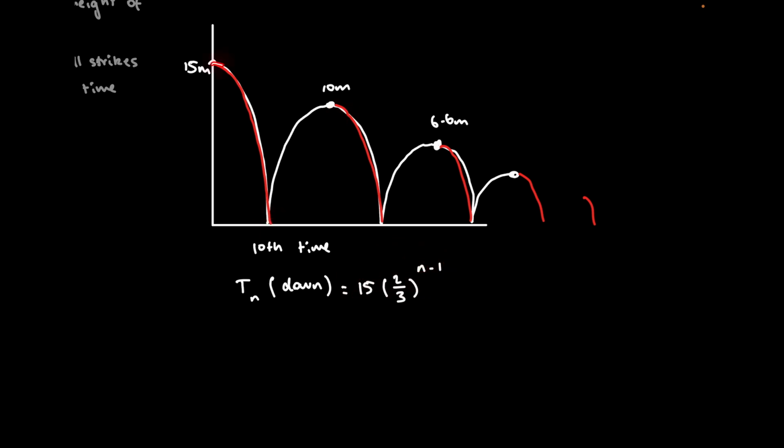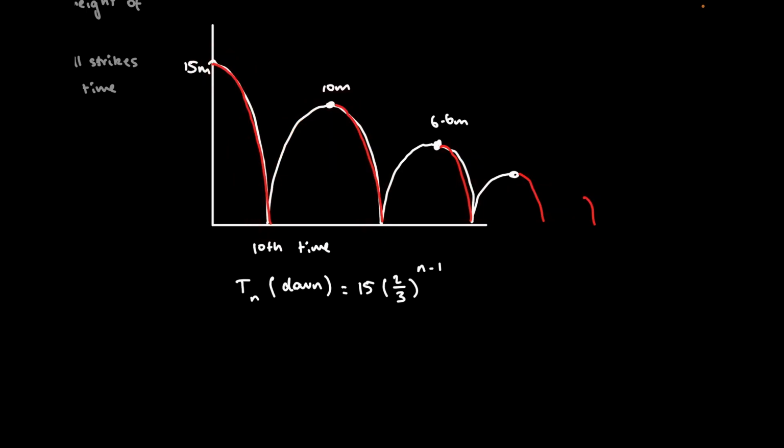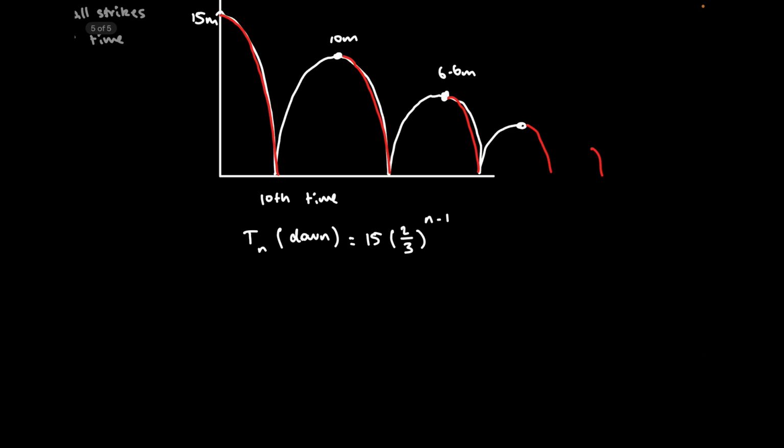So on the first bounce, it's traveled 15 meters. Then on the second pass, it's gone 10 meters, and so on and so on. So let's work out the first 10 of these, the sum of the first 10 bounces.